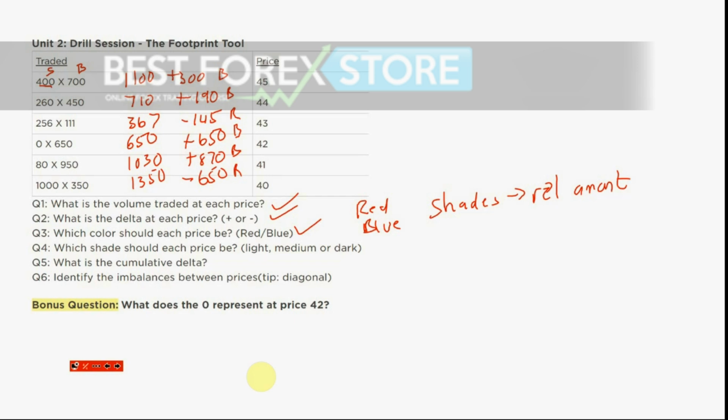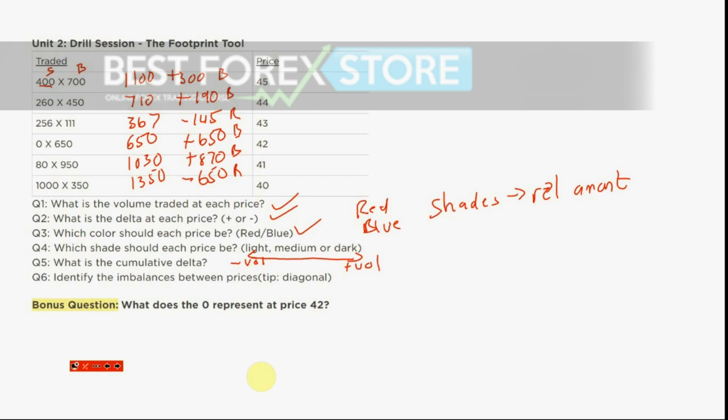The price that has the darkest color will ultimately have the most volume versus the lighter. If I was to draw this on a scale, it goes from the least amount of volume toward the most amount of volume. So the darker the shade, the higher the volume at the price, and conversely, the lower the volume, the lighter the shade.